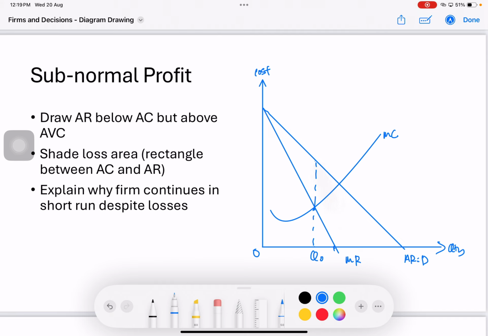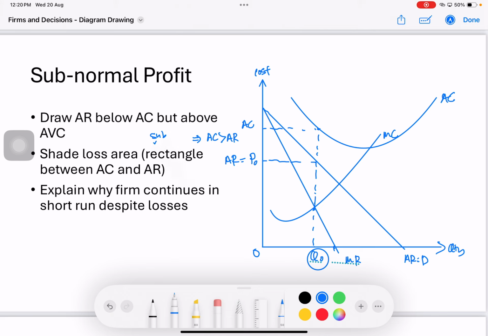Q0, then this is my price. Okay, so subnormal profit means that your AC is above. So this is my AR at the profit maximizing level. Going up, this is actually my AC. So AC is more than AR. This is subnormal profit.